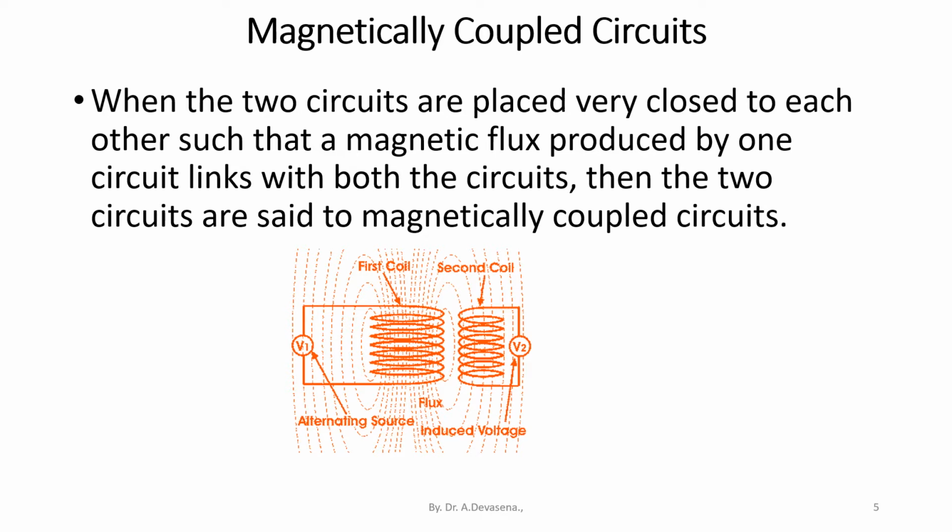This is indicated in the representation. This flux links to the second coil, and in the second coil we have an induced voltage. This is represented here. So V1 is called the alternating source and V2 is called the induced voltage.